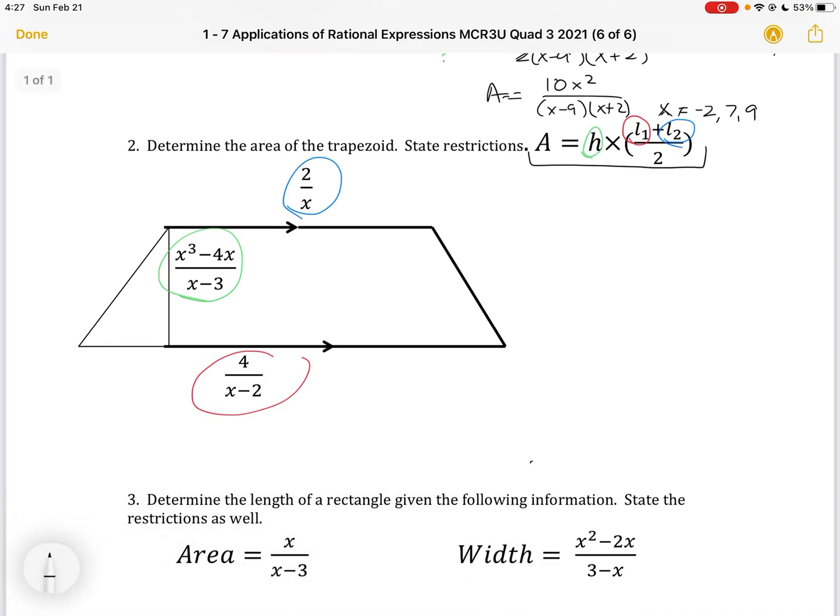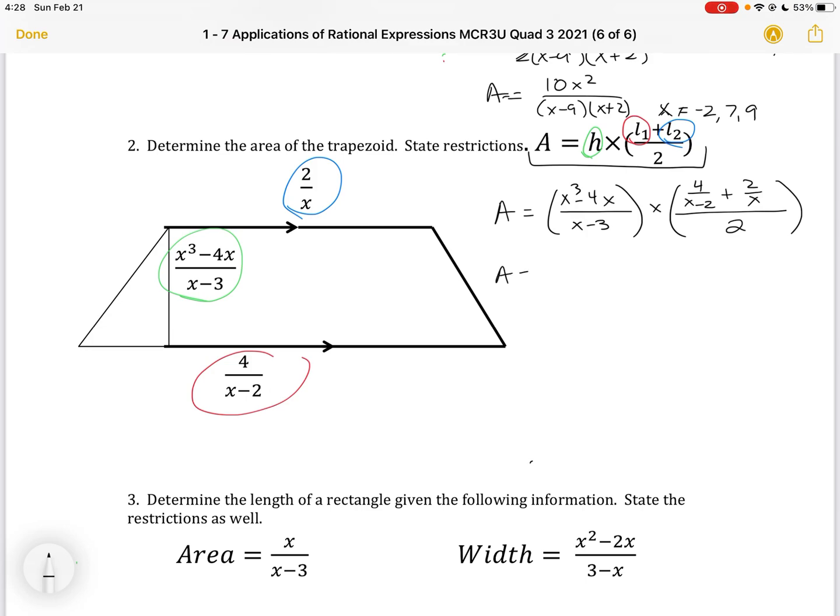So let's take a minute and make all those substitutions. So I've got x cubed minus 4x over x minus 3, and I'm going to multiply by L1 plus L2 all over 2.